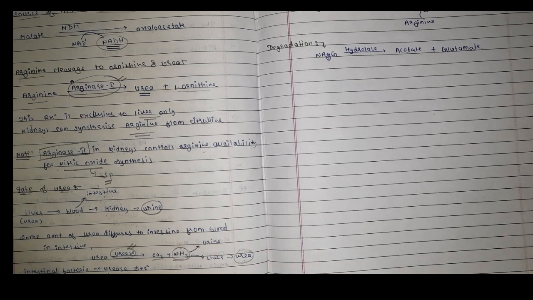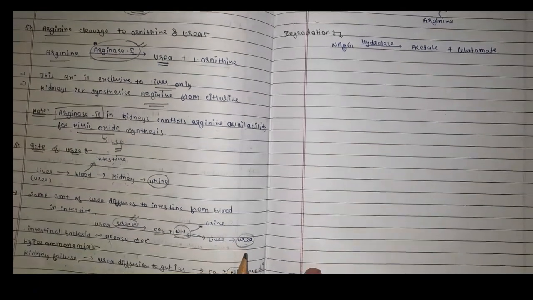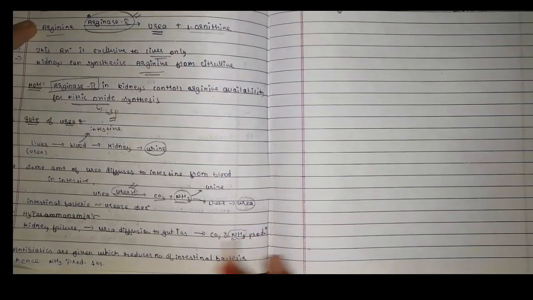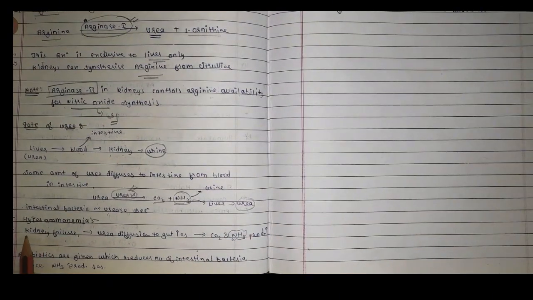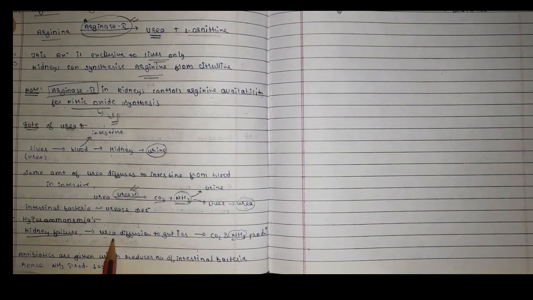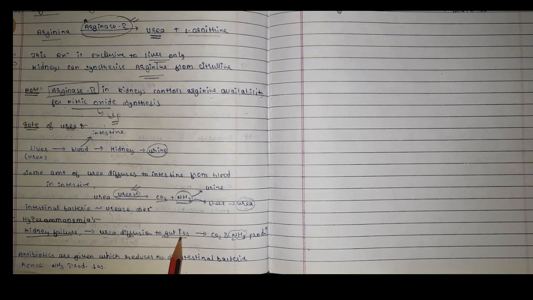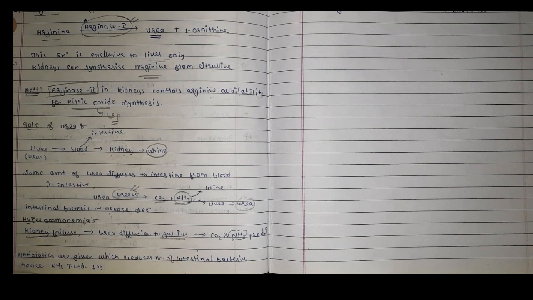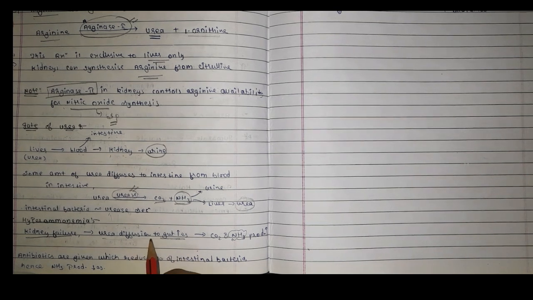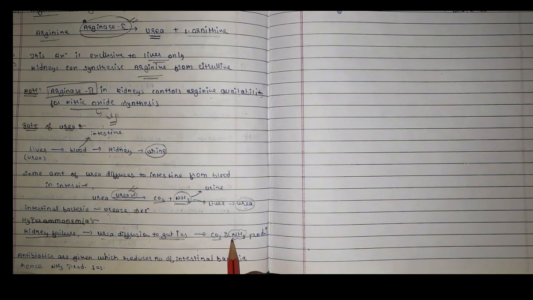Now we discuss about the applied aspect of this hyperammonemia. In cases of kidney failure, urea diffusion to gut increases because the excretion of urea from kidney is hampered. So diffusion of urea is increased in gut, where it is converted to CO2 and ammonia.